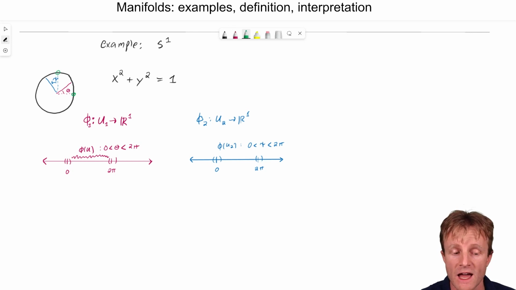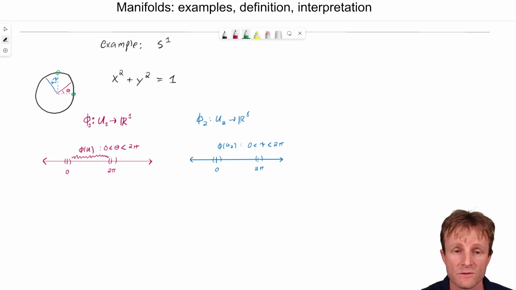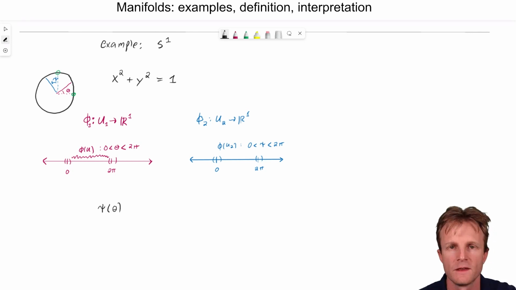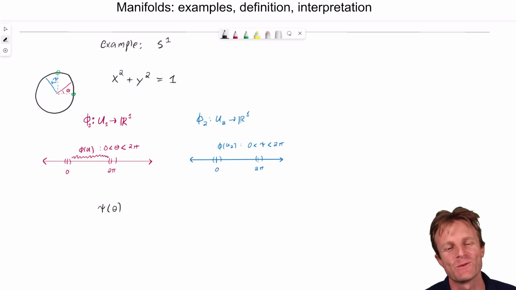So we've got that our atlas is covering the circle. We've got that our maps are one-to-one maps onto open subsets of R1. It remains to check that everything properly overlaps. So we need to figure out the map psi of theta. That's the map from the red R1 subset to the blue R1 subset. And what is it?